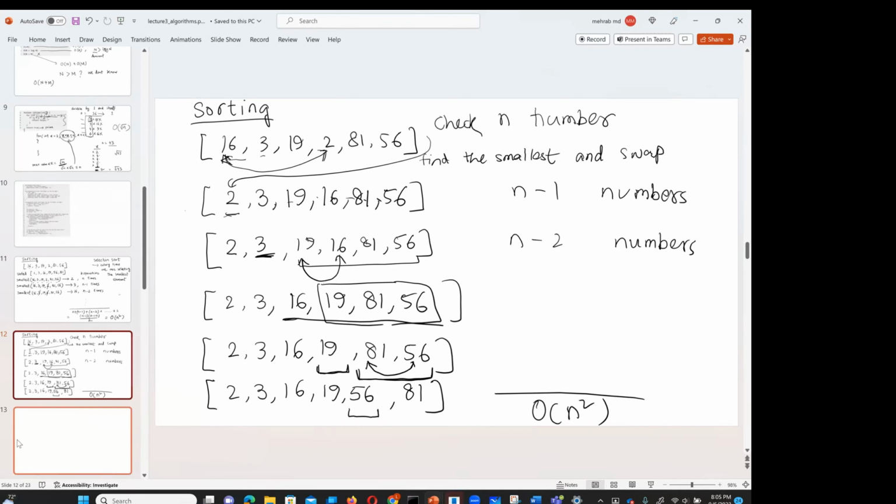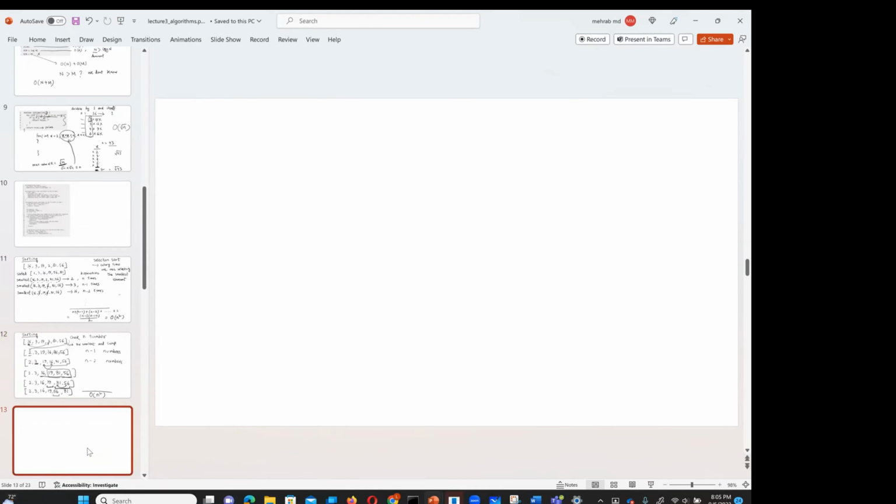Okay. So now, tell me one thing. If you're given this input, 1, 2, 3, 4, 5, 6, right? And someone tells you to sort it using selection sort. So what is your target? To put the smallest element where?